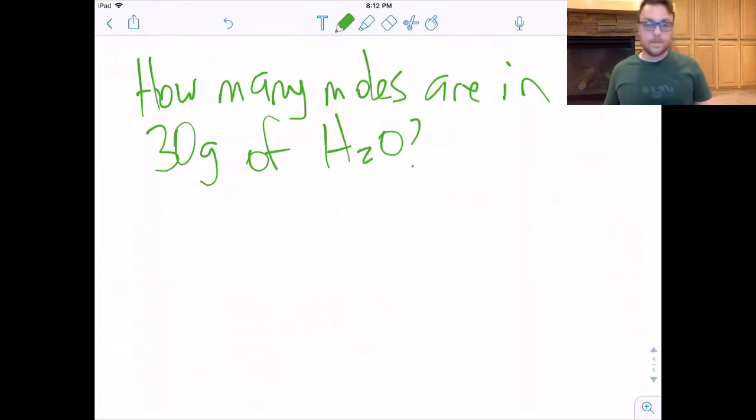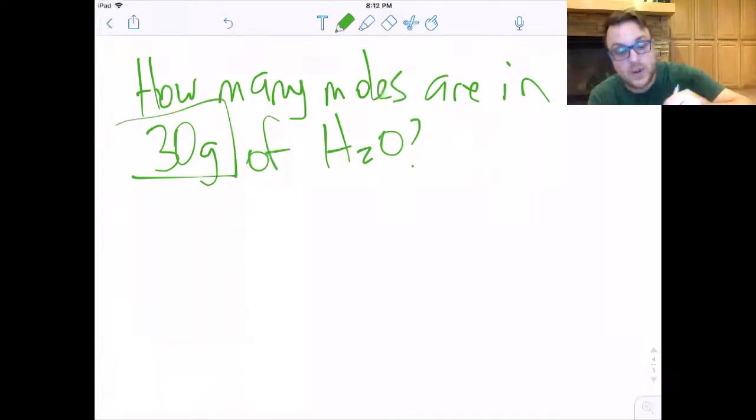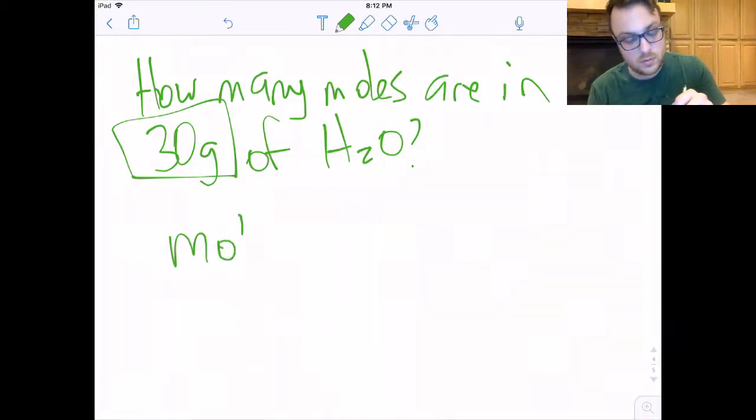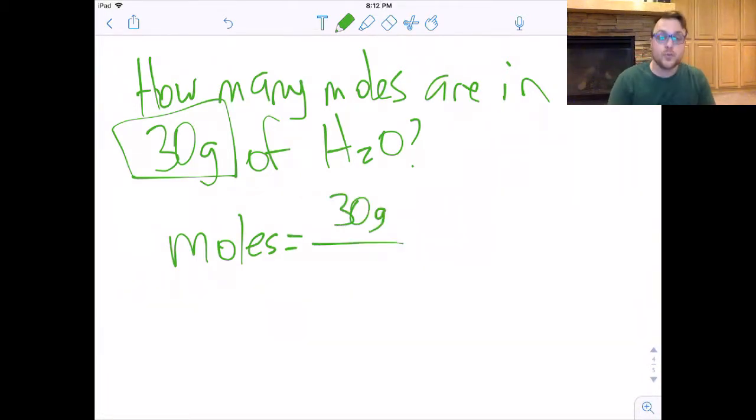Hey, that right here was given to you. That's your given mass. So moles equals 30 grams divided by the gram formula mass for water. So your 2 hydrogens plus your 1 oxygen will give you 18. Divide those two numbers together and you should get like 1.7.